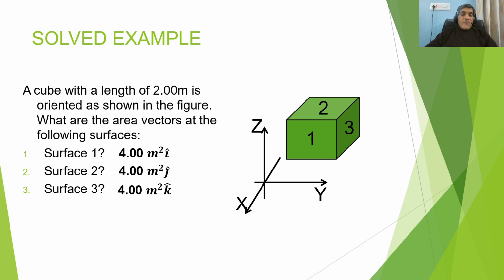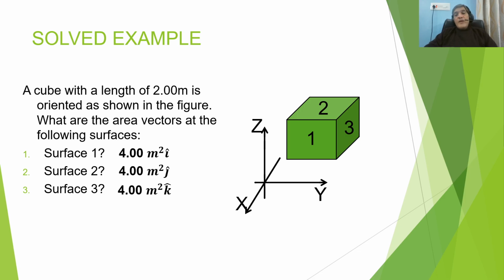If we are taking surface 2, then the direction is z, so 4 meter square k. The printed answer is a misprint, so keep that in mind. The direction of surface 2 is the z direction, so the answer is 4 meter square k unit vector.